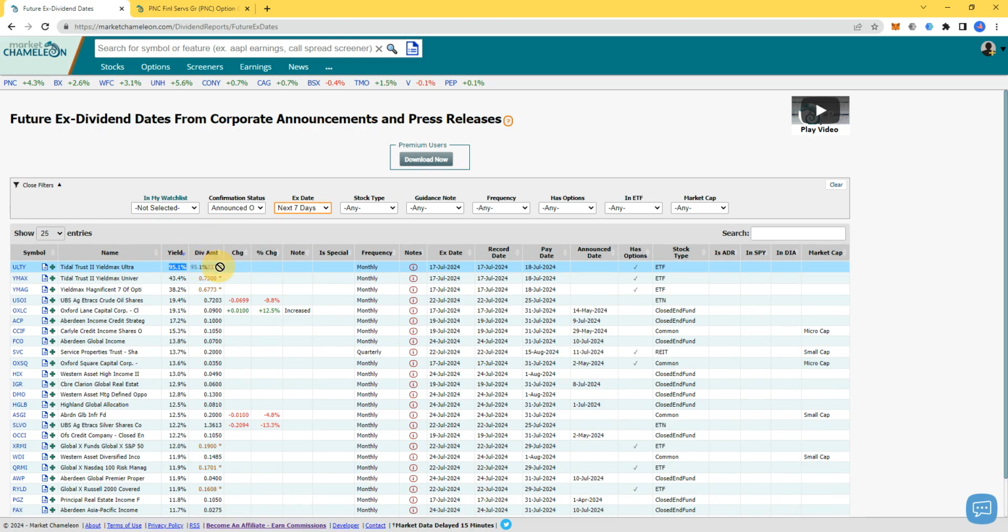They actually posted today that the income is like $0.99, so you're going to get paid, which is about 80%, which is still insane. And the ex-date is tomorrow, so you need to hold shares today and not tomorrow. That's the conclusion. And the pay date is the day after that, on the 18th.